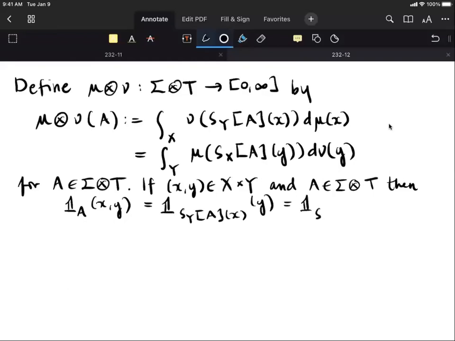And you can interchange the section and the argument, and you have this.